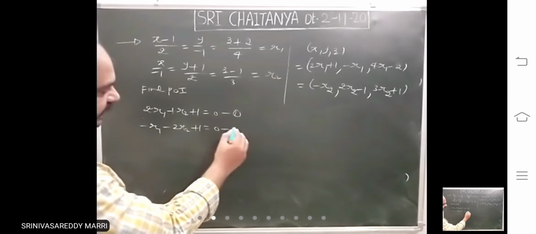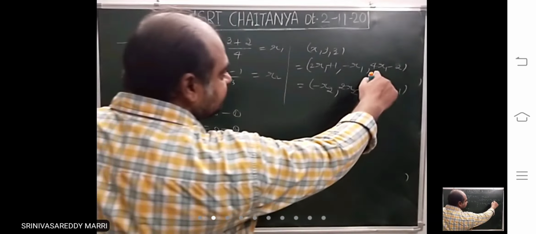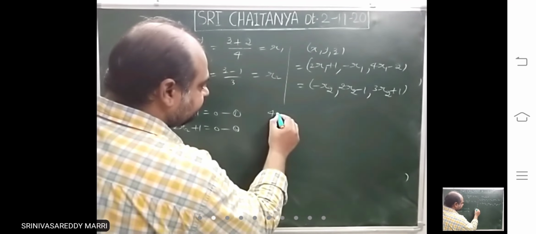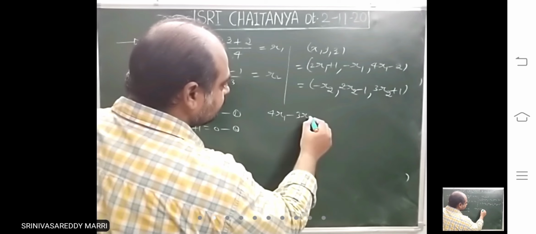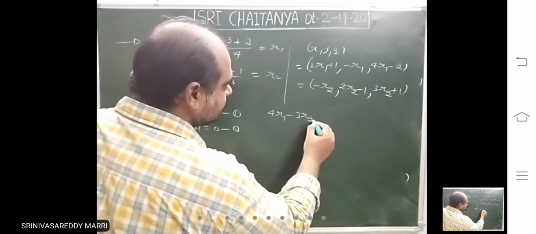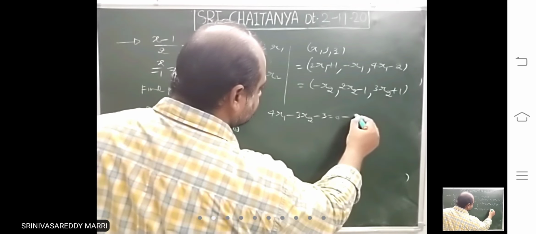This is the second equation. Third equation, equate this to this: 4R1 minus 3R2 minus 3 equal to 0.